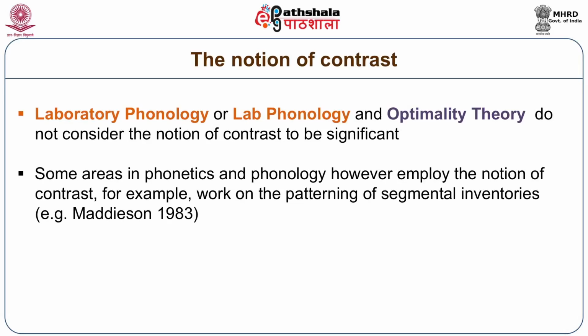For example, let's take a look at the two inventories of vowels in two languages. One is a 5-vowel system and the other is a 7-vowel system. Now you notice that vowel systems in languages are typically of this kind. You have either a 5-vowel system. If it is 6-vowel, then it is of a certain type, or 7-vowel systems.